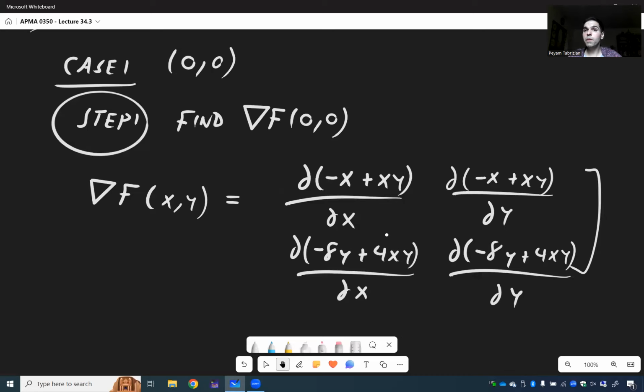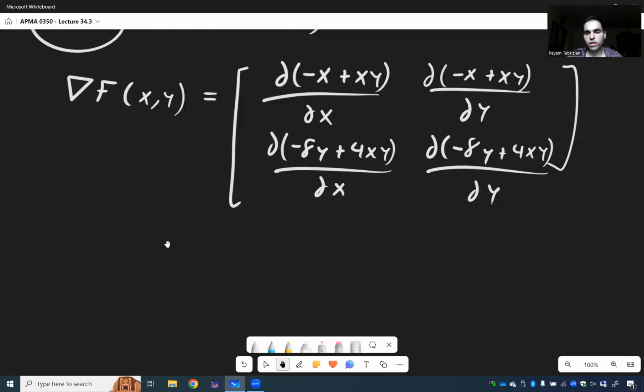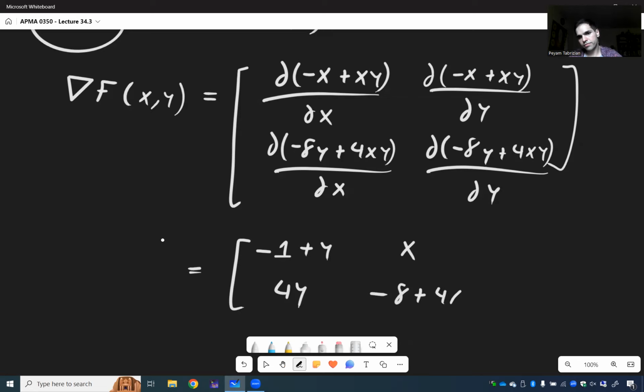Again, very complicated, but it'll simplify, you will see. If you do that, I believe you get minus 1 plus y, then just x, then 4y, and minus 8 plus 4x.